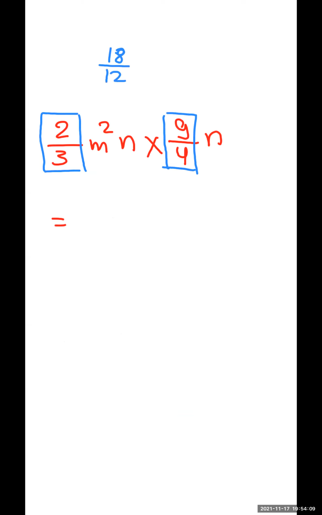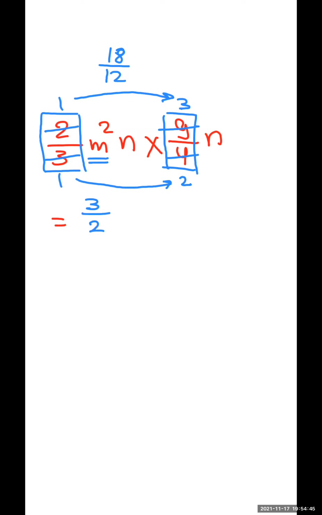So we can simplify by dividing these two terms by 6. 18 divided by 6 means 3, 12 divided by 6 means 2. So 3 over 2. Or otherwise, we can simplify like this. Divide this one by 3 equals 1, and this one by 3 equals 3. And the other two numbers, divide this one by 2 equals 1, and this one by 2 equals 2. So now it becomes 1 times 3 equals 3, 1 times 2 equals 2. So 3 over 2.